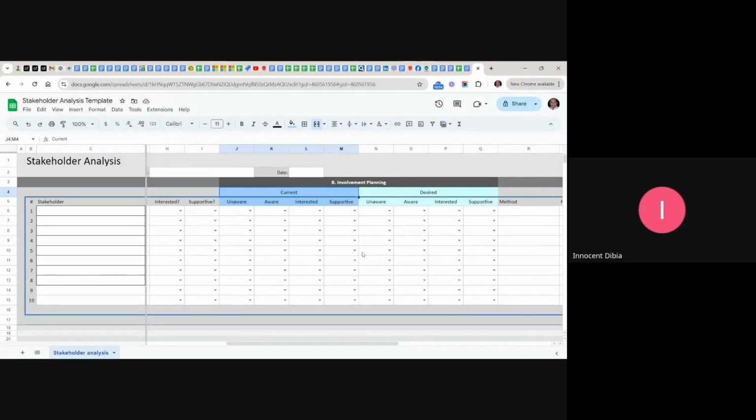Okay. The current is the current position of things between you, the business analyst, the project, and your stakeholders. While the desired is where you want it to be, where it should be.